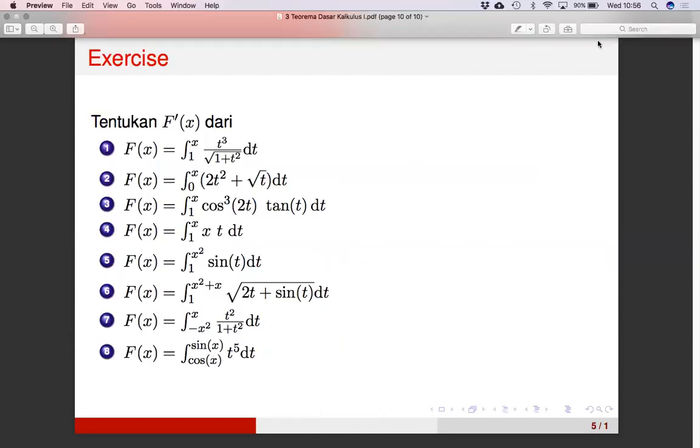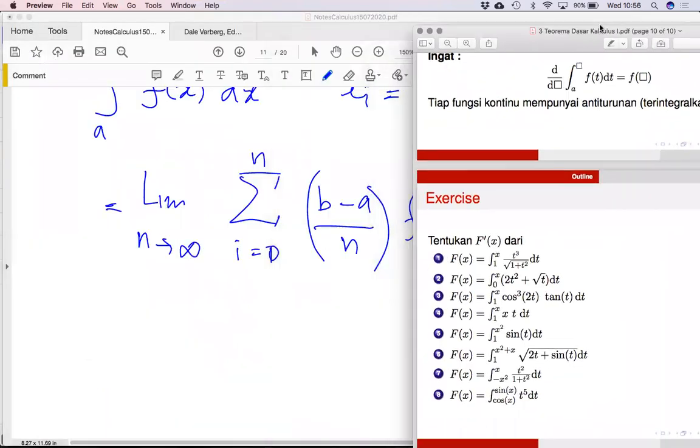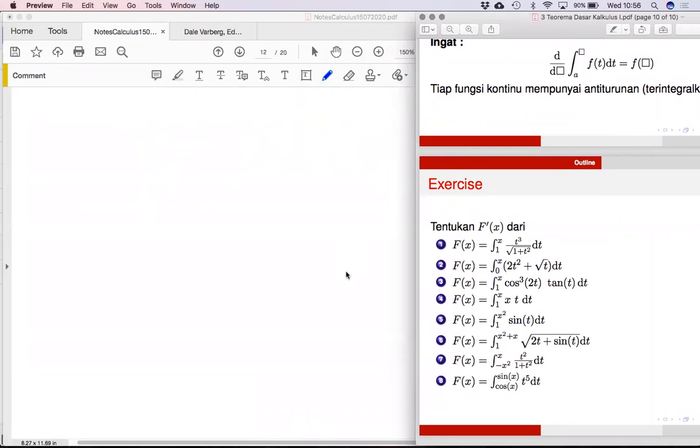Okay, let's see the example here. Find f prime x from the given function. Number 1.